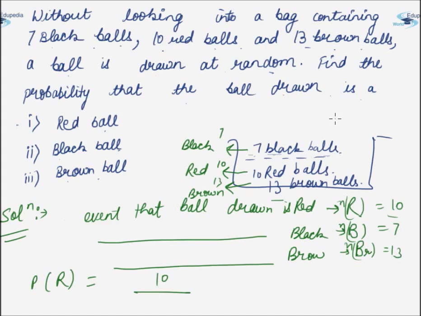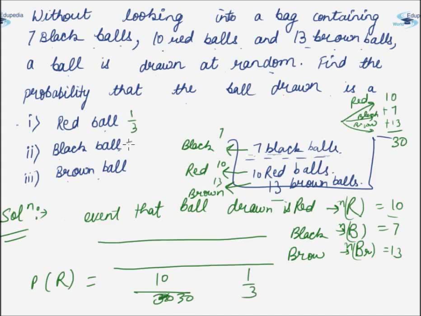Now consider that a ball is drawn, then it can be either red or black or brown and no other case. So the total number of outcomes are 10 plus 7 plus 13, that is 30. So P of R, that is probability that the ball drawn is red, is 1 by 3.